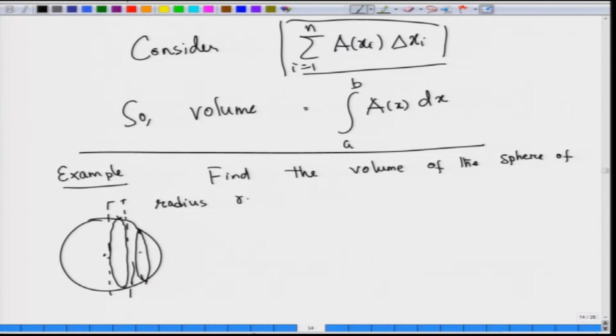Suppose this is the origin, with the origin as the center. So, let us calculate the volume of the sphere.